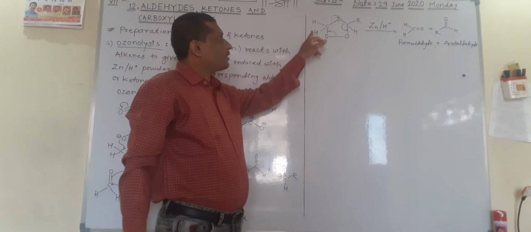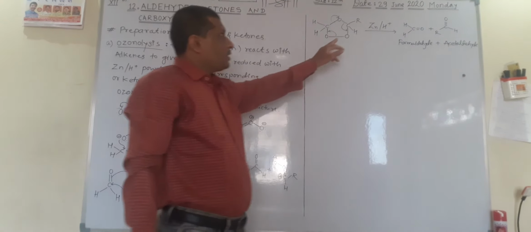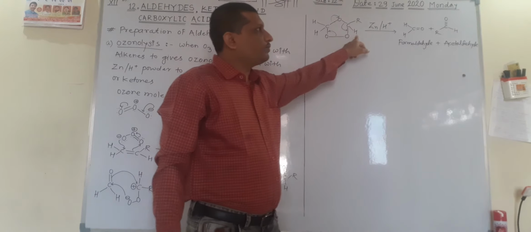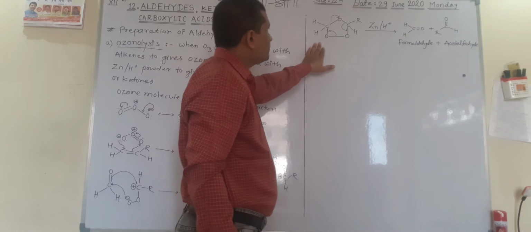In this way you can use different alkyl groups. If an R group is present, we get a ketonic product. In this way the ozonolysis reaction is completed.